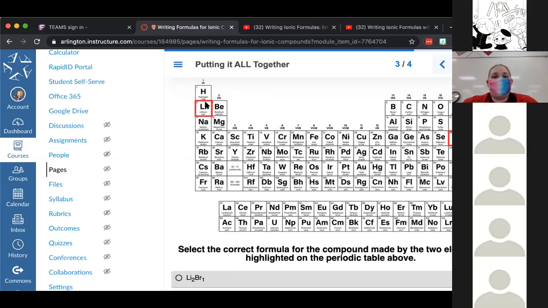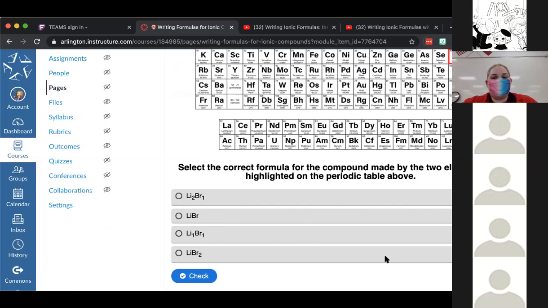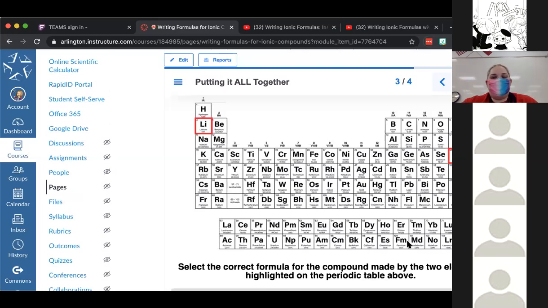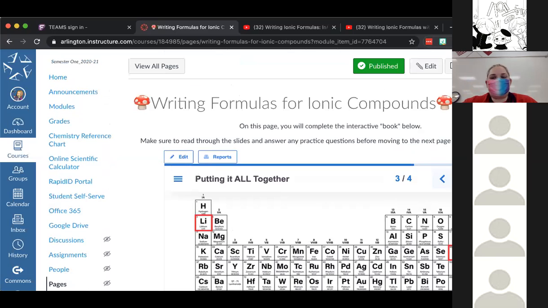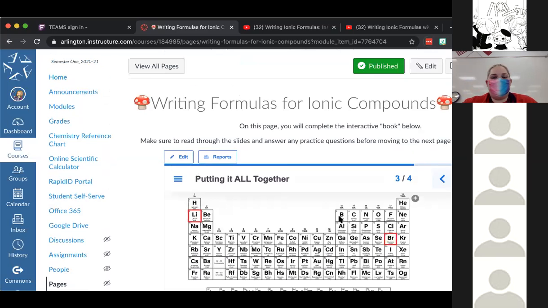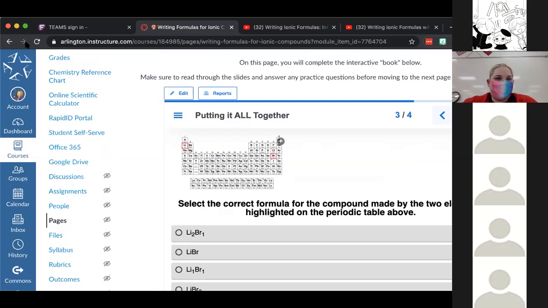I need to know, based on the groups they're in, what charges they have. Then I follow the process of crisscrossing to balance the charges, and check whether I need to reduce it at the end. You have your choices here to practice with, and I think there are 5 or 6 practice questions. That's for you to do on your own to make sure you're understanding.